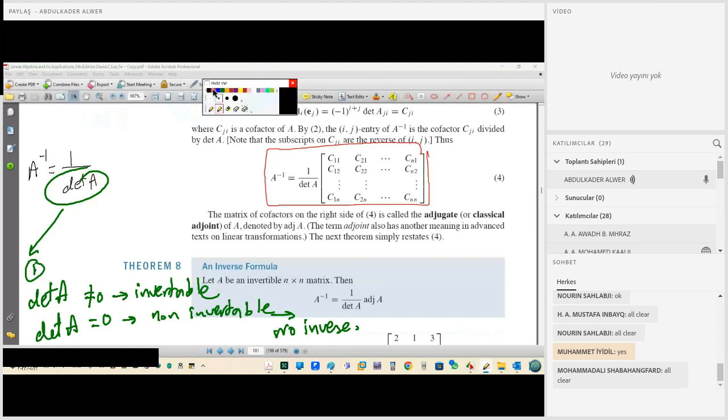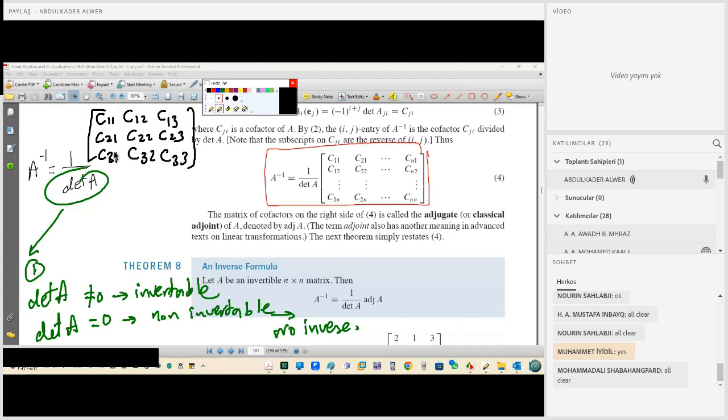We know matrix usually is like this. I will write it: C11, C12, C13, C21, C22, C23, C31, C32, C33. Correct?